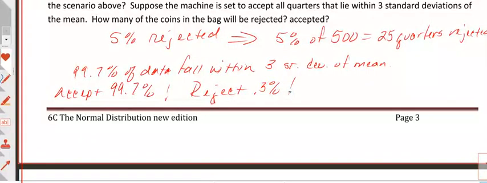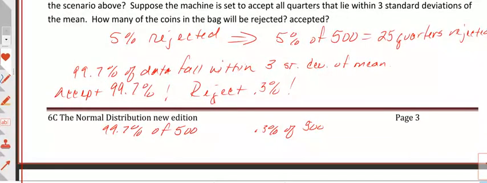So I'll accept 99.7. I'll reject 0.3%. What does that equate to in terms of quarters? Well, if I have 500 quarters, 99.7% of 500 and then 0.3% of 500 will answer those two questions.